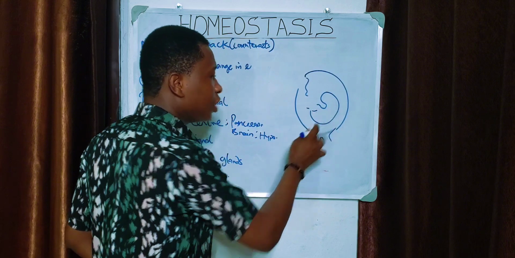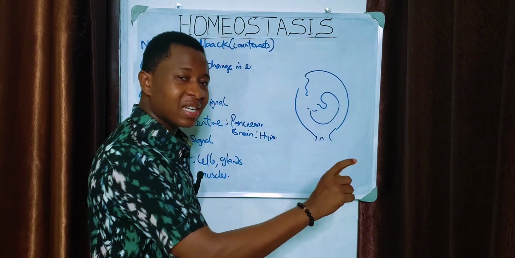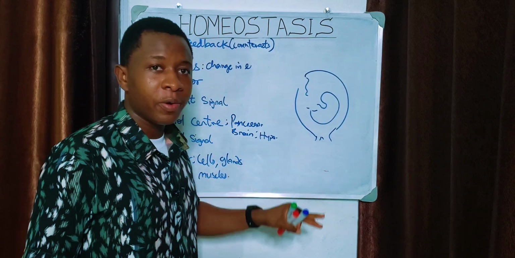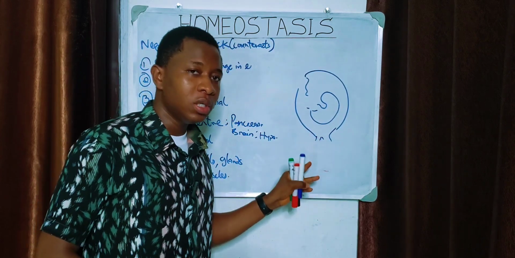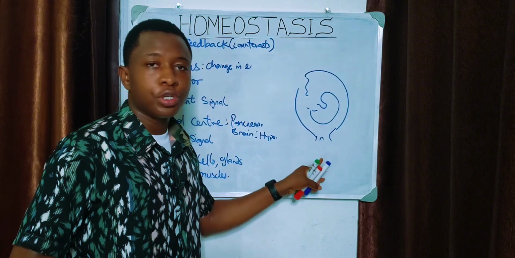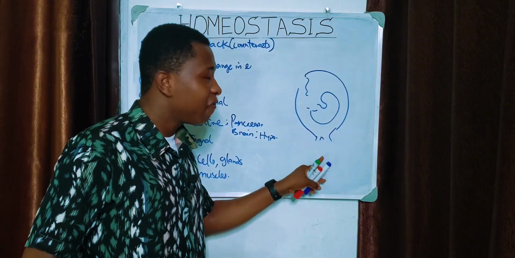Now, as the baby is pushing against the cervix, instead of the body looking for a way to stop the baby from pushing against the cervix, it amplifies the push.